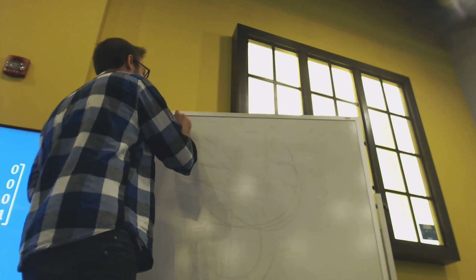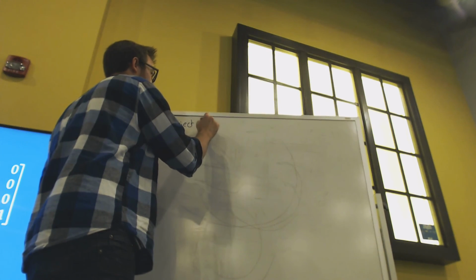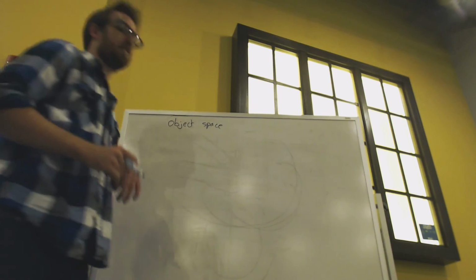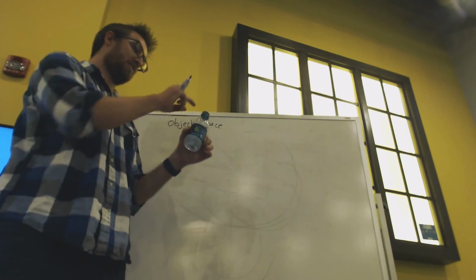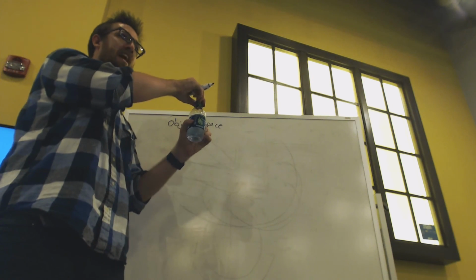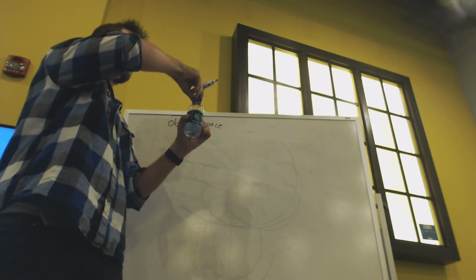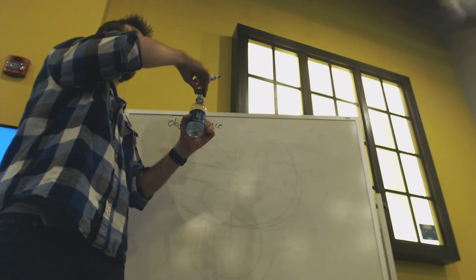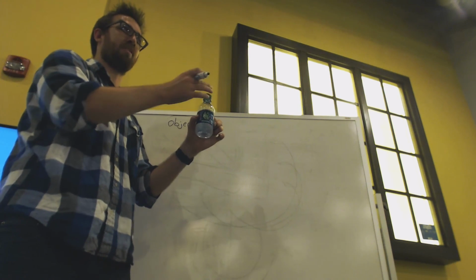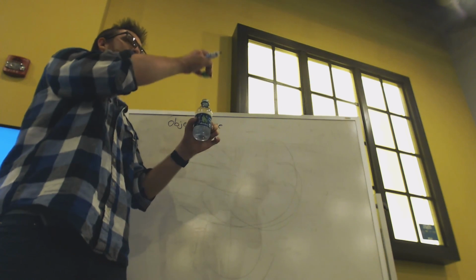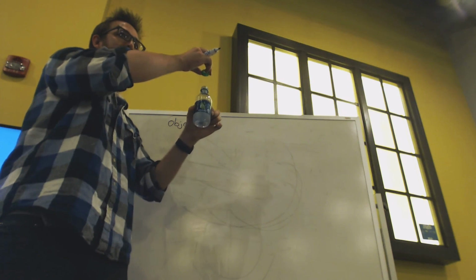You've got object space, which is if you've got a model and you want to move the cap on this, for example. We'd be in object space if we were in Blender or something like that, dealing with where this is in relation to the object itself.